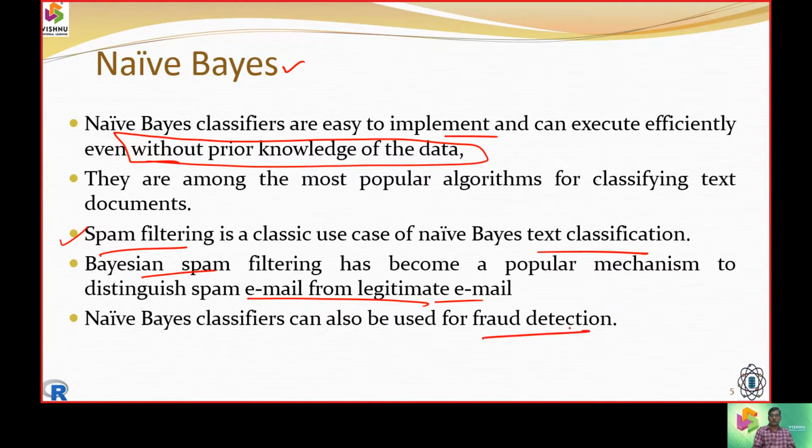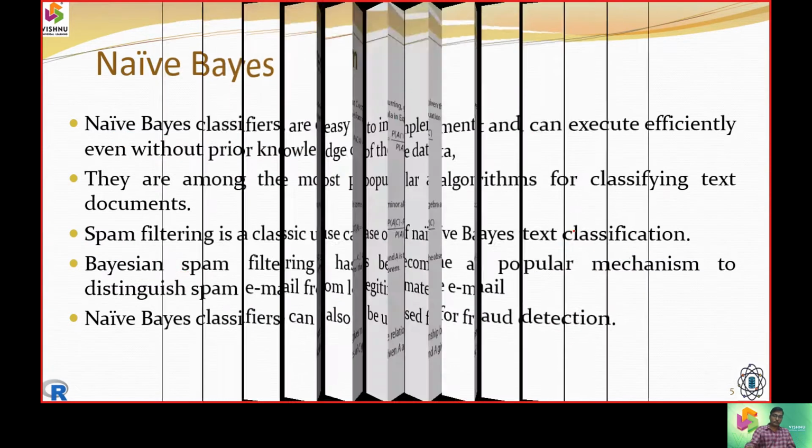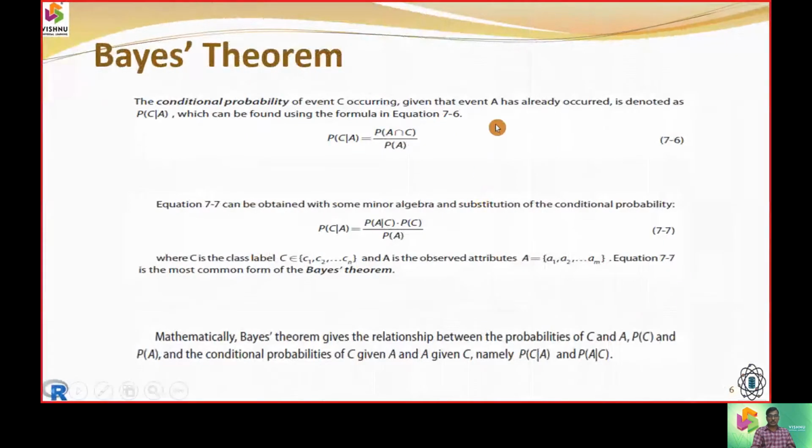Similarly, whether a transaction is fraud or not, you need to classify it. So these are some of the applications where Naive Bayes is used. One, it can be spam; two, it can be email filtering; three, it can be fraud detection; and fourth, it can be helpful for text filtering also.